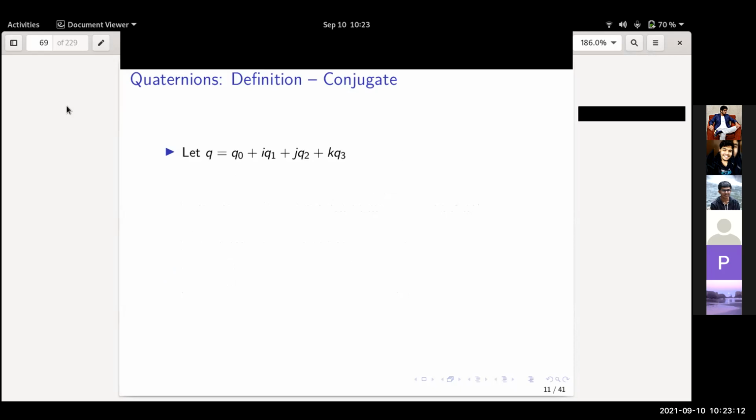That's all. So here, what do you expect will be the conjugate? Q0 minus iQ1 minus jQ2 minus kQ3. Negate the vector part. Excellent. Very good.